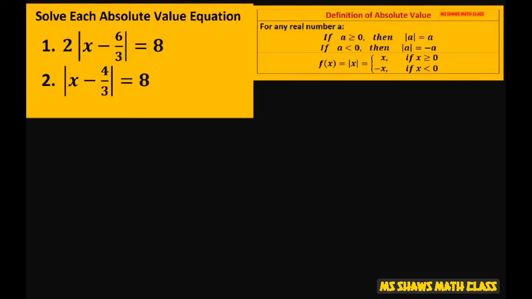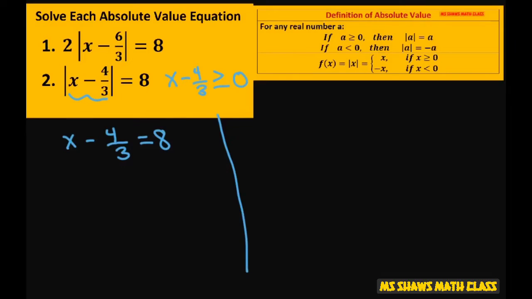And the last problem we have: if this part here, so let's just write, if x minus 4 thirds is greater than or equal to 0, then you're just going to write x minus 4 thirds equals 8.